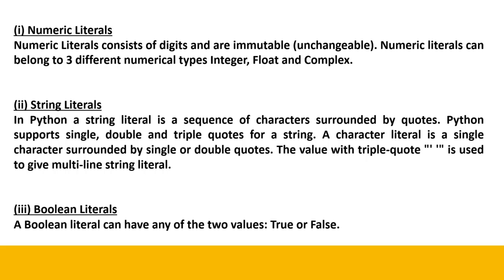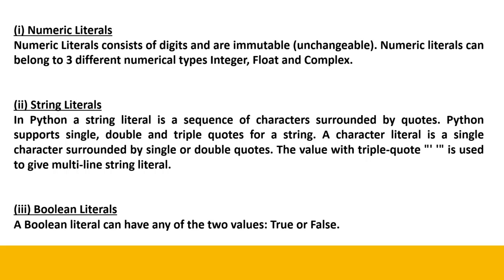So we know what an integer is. It's a whole number: 1, 2, 3, 4. Such numbers are known as integers. What is a float number or a floating point number? It's a decimal point number: 3.5, 4.5, 4.10.